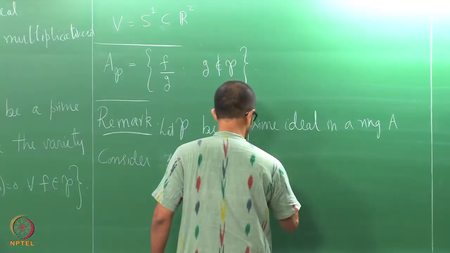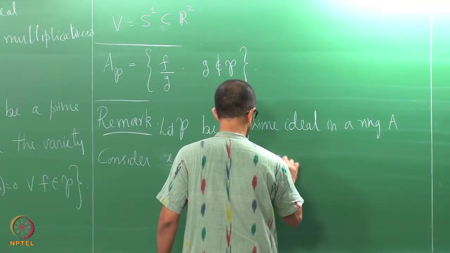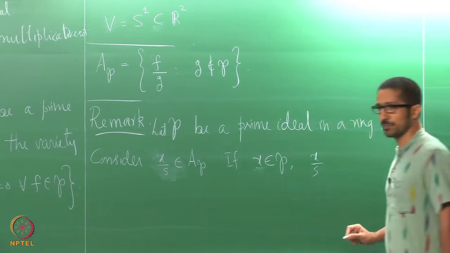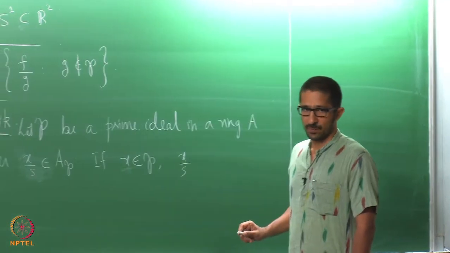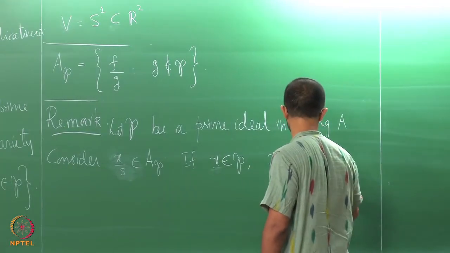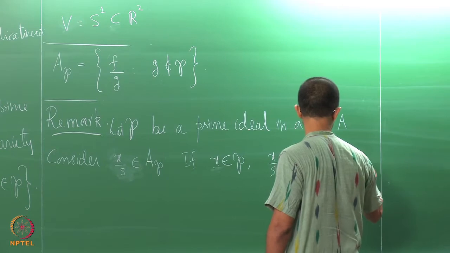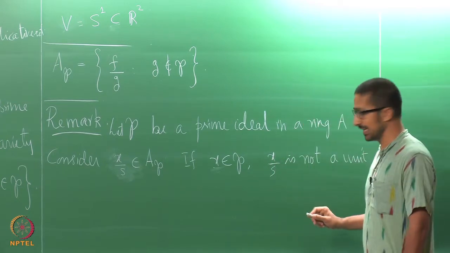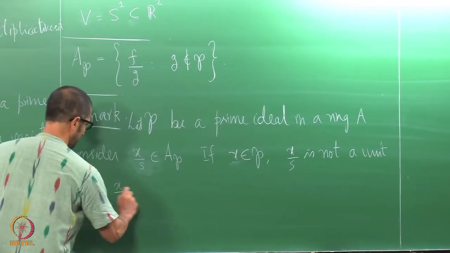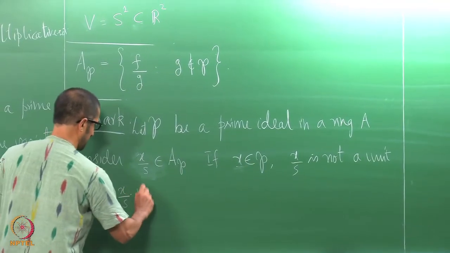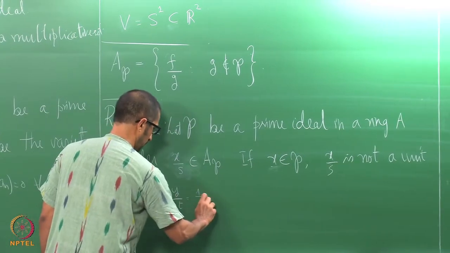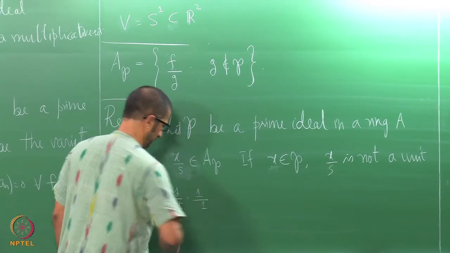If x is in P, x/s cannot be a unit, right? x/s is not a unit. Why is this not a unit? For this to be a unit, I need an element, let us say y/t such that x/s times y/t is 1/1.